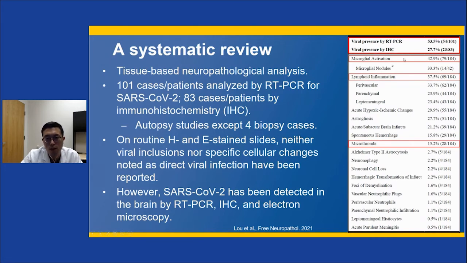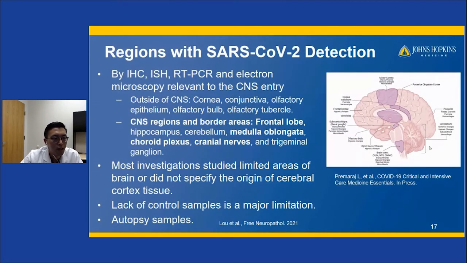Most common findings were microglial activation and lymphoid inflammation in different locations, perivascular, parenchymal, or leptomeningeal. So these are pretty non-specific findings, though. And some studies reported 15%, quite a bit, microthrombi along with the viral detection.